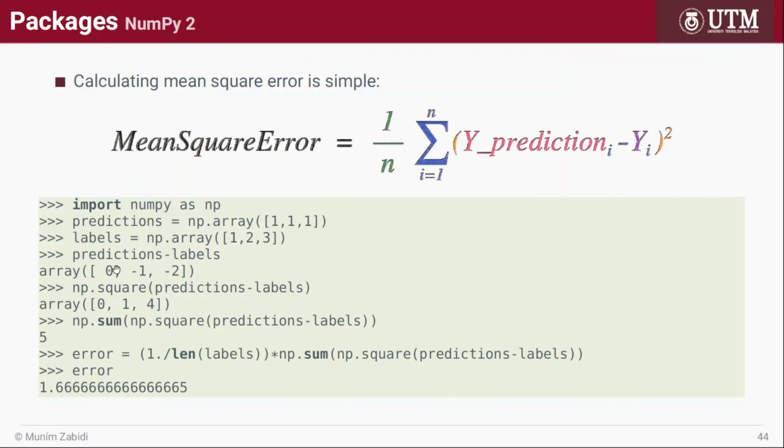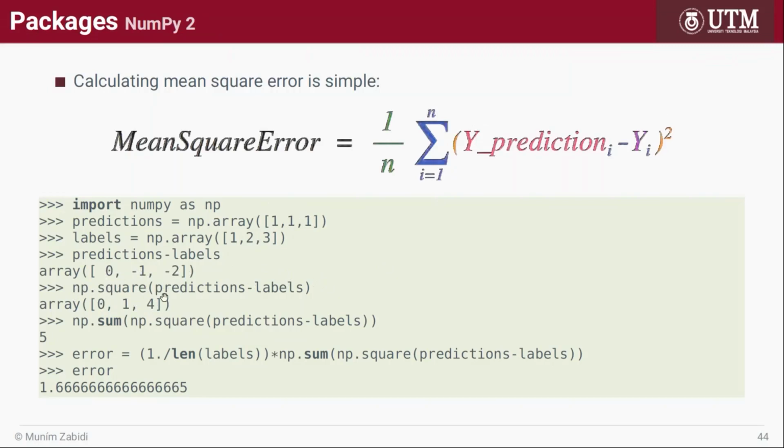So 1 minus 1 becomes 0, 1 minus 2 becomes minus 1, and 1 minus 3 becomes minus 2. And then we can square all the items inside there. So 0 squared becomes 0, 1 squared becomes 1, and minus 2 squared becomes 4. Just by giving this command, np.square of predictions minus labels.